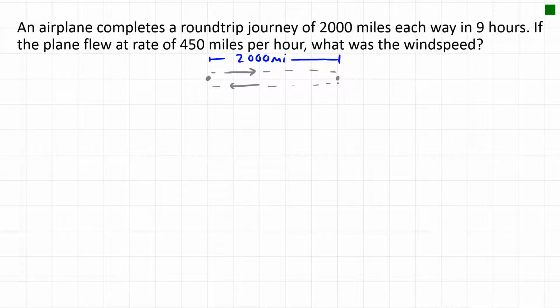And now we've got a little picture. We know that there's a wind speed as well. I'm going to draw it right in the middle. We're just going to say it's blowing to the left. It actually doesn't matter. This problem is symmetric. Whether the wind is blowing against it at the beginning or with it at the beginning, it's going to be doing the opposite on the return journey. So it doesn't really matter which direction we draw the wind speed, but we're just going to pick a direction and be consistent with it.